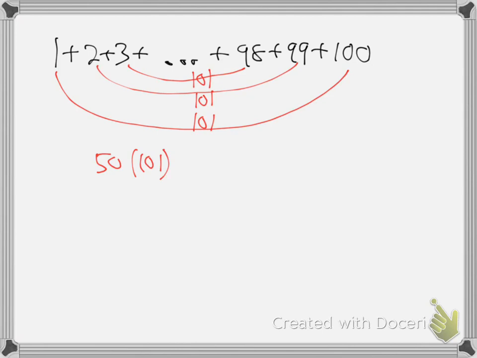So let's generalize that. We want to come up with a formula using that idea that we can make work for us at all times. So the first term is not always going to be 1. It'll be a sub 1, could be any first term. And the last term is not always going to be 100. It's going to be a sub n. That's what we call the last term, a sub n.